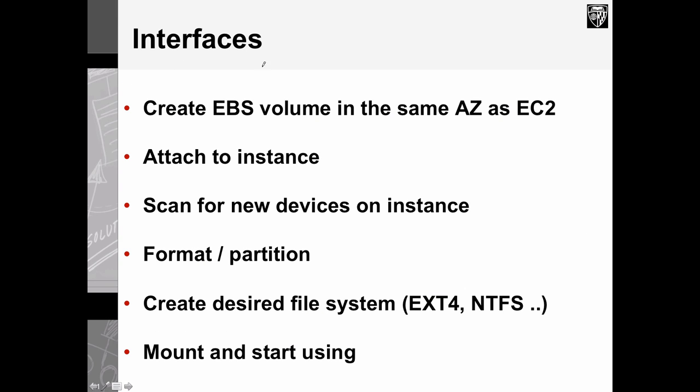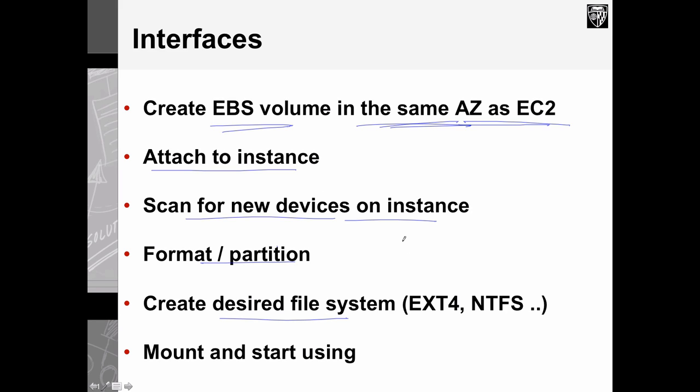So how do you create an EBS volume? The first thing you need to do is find out the availability zone, or AZ, of the instance that you're trying to give the storage to. Once you determine that, you create an EBS volume in the same AZ. This is very critical. And once you do that, you attach the EBS volume to the instance. On the instance itself, you scan for new devices, you format or partition the volumes that are presented to the instance, and you create the desired file systems.